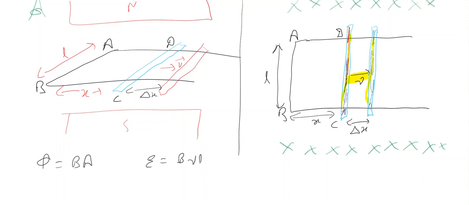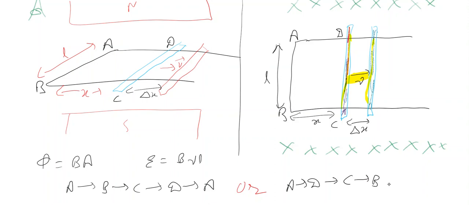My question is, what is the nature of induced EMF? Should it be from A to B to C to D to A, or would the induced EMF be from A to D to C to B to A?